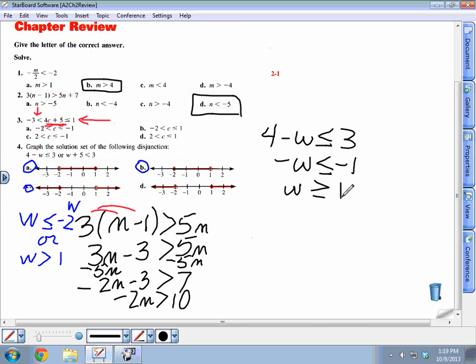So W is greater than or equal to 1. Sometimes when they give you the graphs on these multiple choice, if it's greater than or equal to 1, if that's one of my sides, I can instantly say I've got a feeling that it's D. Doesn't that make sense? Because this right here is the graph of that. So basically I can say D is my answer for this one, and I've already eliminated A and B because I know they're conjunctions. Okay?